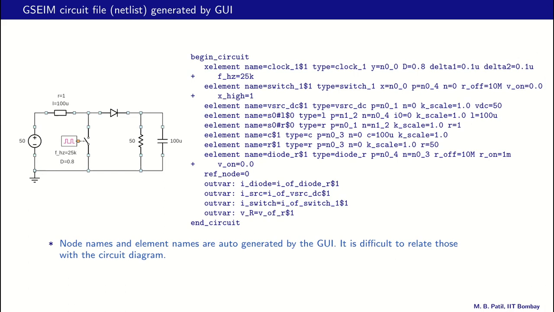As we have seen, the node names and element names are auto-generated by the GUI, and it is difficult to relate those with the circuit diagram. And the circuit diagram in fact does not show the node names, and therefore we don't know where this N0_3 is in the circuit.